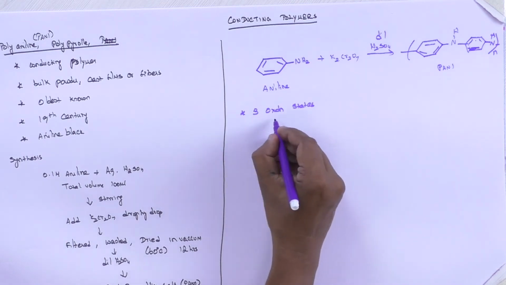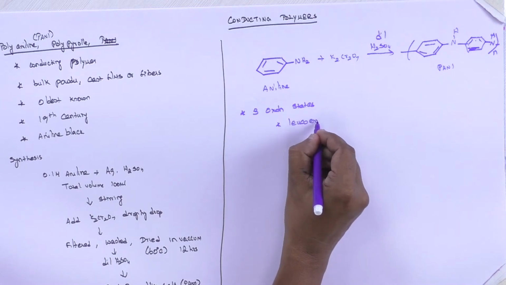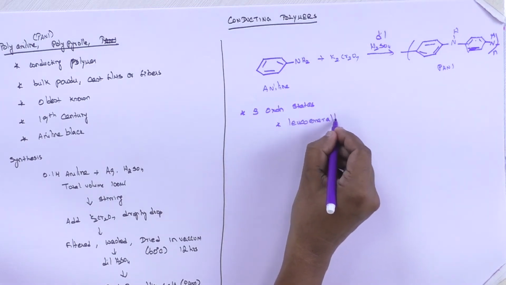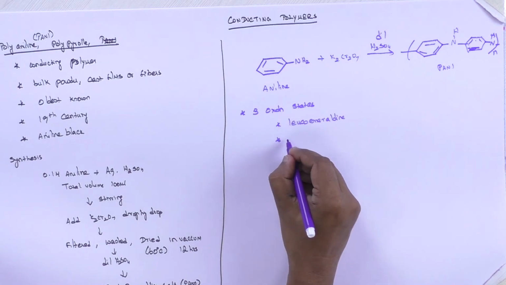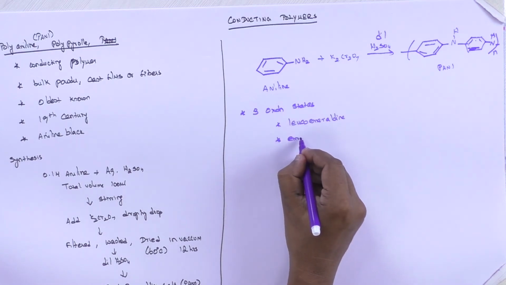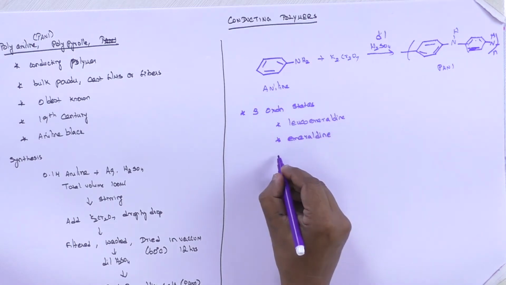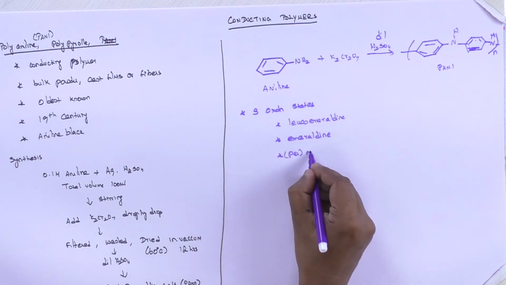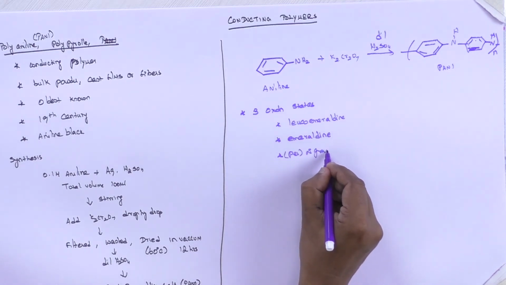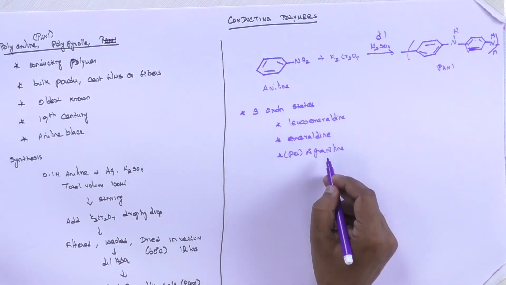The first oxidation state is leucoemeraldine, the second is emeraldine, and the third is pernigraniline.